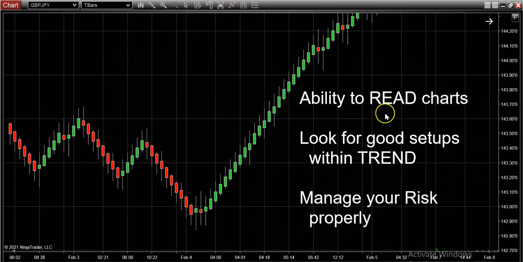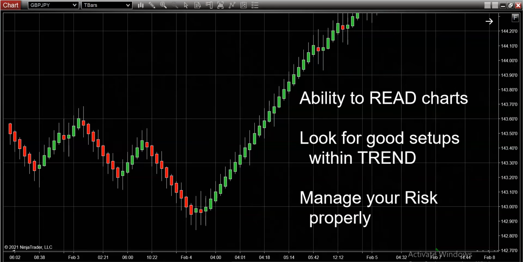So number one, what is price action? Price action, guys, is the ability to actually read a chart of any asset, whether you trade Forex, futures, stocks, options, doesn't matter. This ability to actually read a chart separates the winners from the losers.